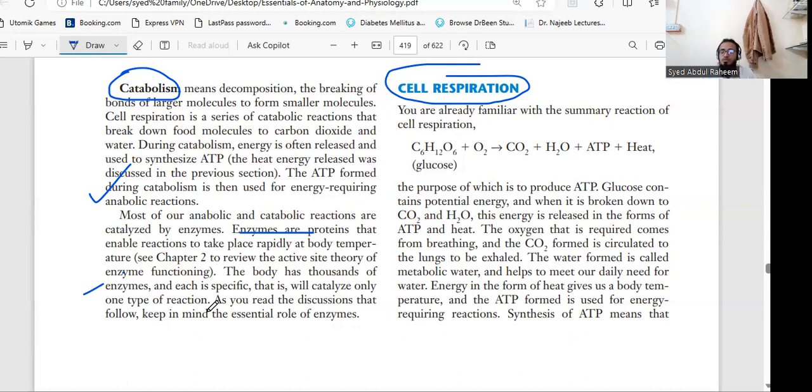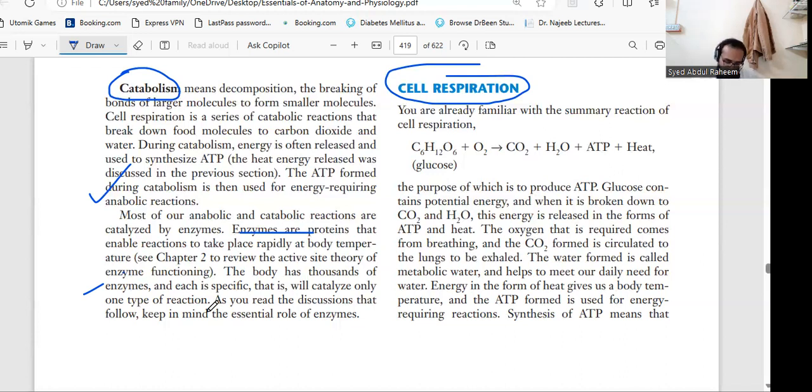They are specific enzymes, each to do one reaction. So in the body, we have thousands of enzymes which help throughout the day to perform anabolism and catabolism. So metabolism is understood. Here we discussed anabolism and catabolism.